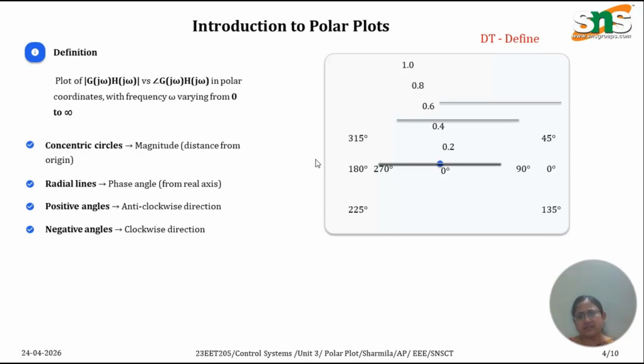In this plot, the distance from the origin represents the magnitude and the angle from the real axis represents the phase. The positive angles are measured in the anticlockwise direction and the negative angles in the clockwise direction. So this gives a complete visualization of a system behavior in a single diagram.